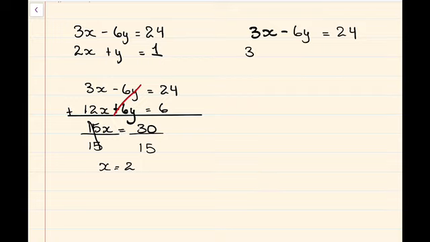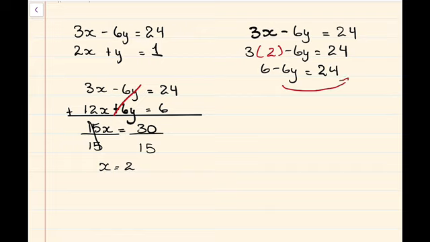3 times 2 minus 6y equals 24. 2 times 3 is 6, minus 6y equals 24. Let's carry over the 6y and bring over the 24. And so we would get 6 minus 24 is equal to 6y.